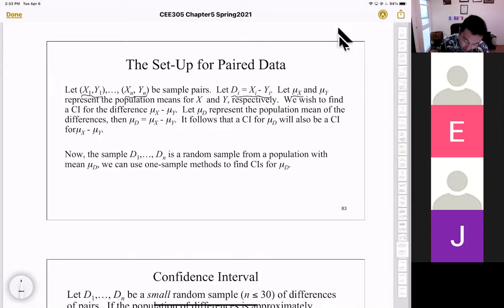Mu x and mu y are the population means for x and y. Here we care about the confidence interval for the difference between mu x and mu y. Because d is equal to x minus y, mu d will be equal to mu x minus mu y.